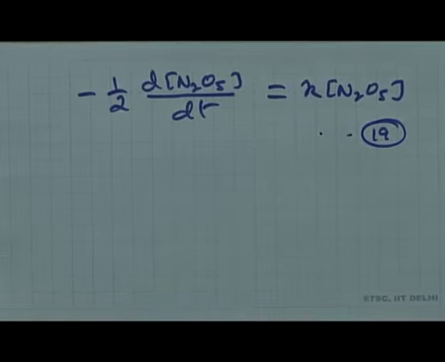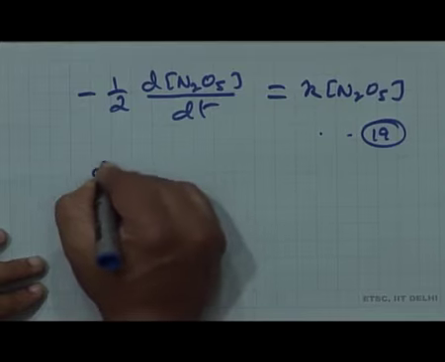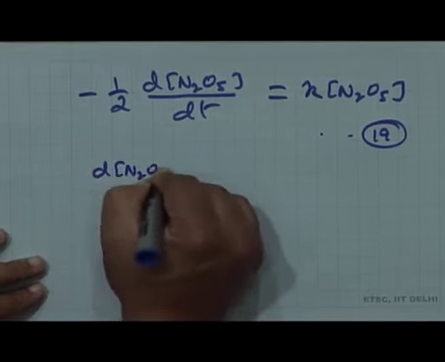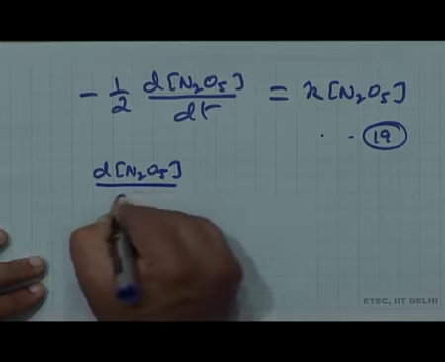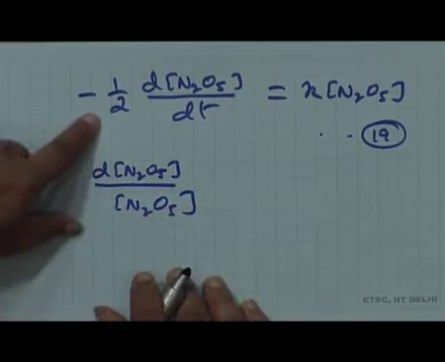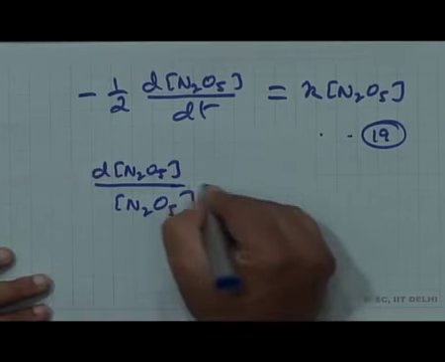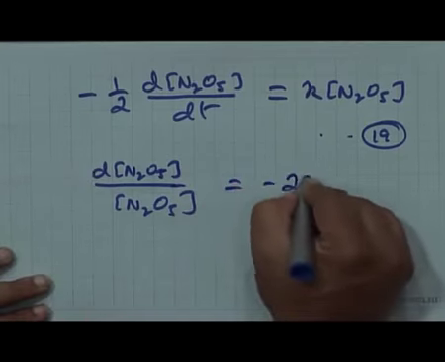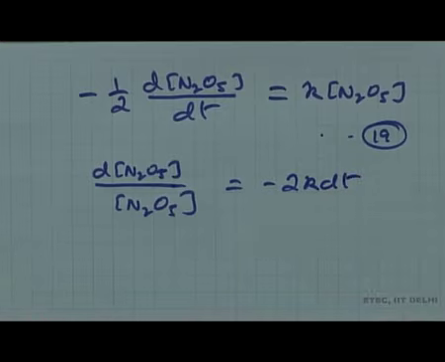Now, again I do exactly the same thing, but a small difference creeps in, if you keep track of what I am doing. So, I say this is d N2O5 over N2O5, but I have a 2 out here, is not it. So, I will write it as minus 2 K d of t.